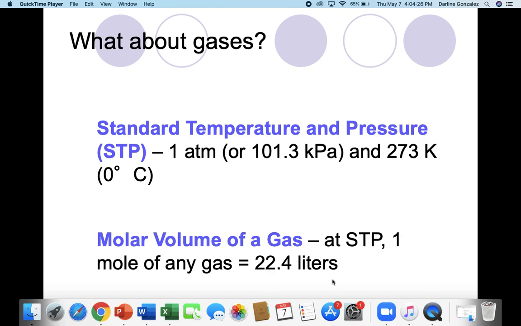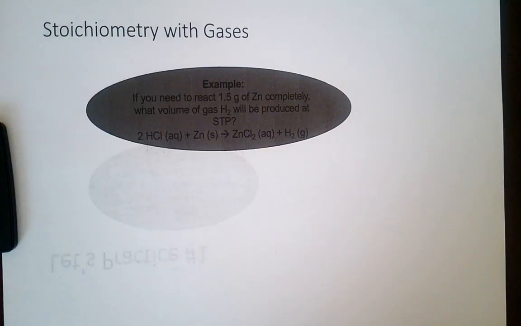Also, the molar volume: at standard temperature and pressure, 1 mole of any gas is equal to 22.4 liters. It doesn't matter what gas, any molecular gas, the molar volume of that gas at STP should be 22.4 liters.